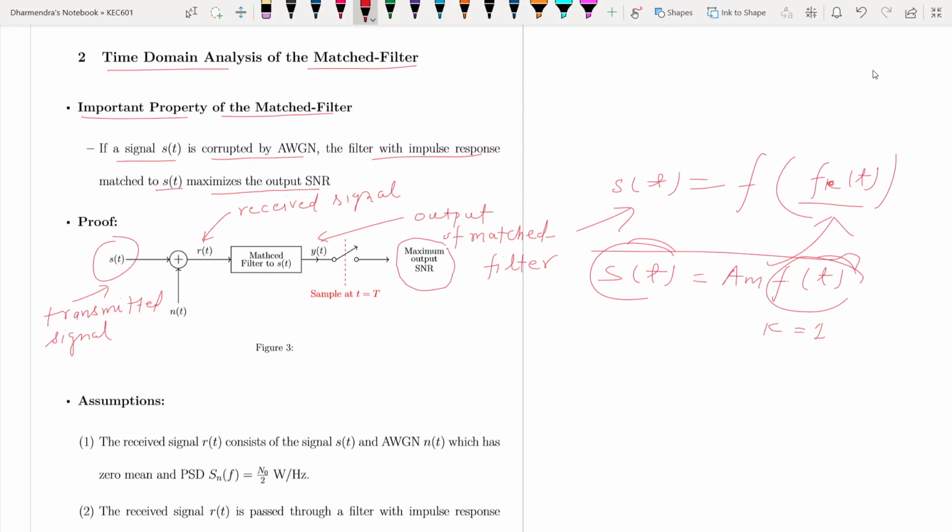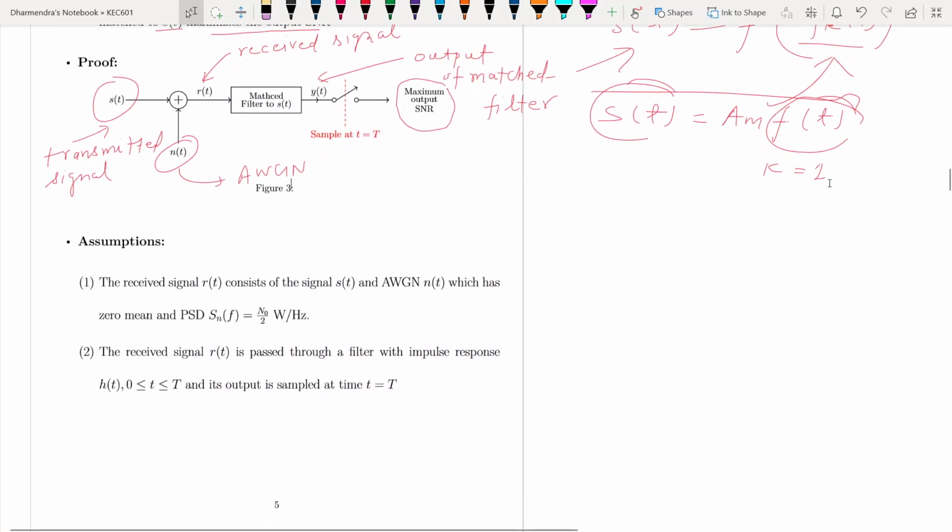Then we sample. We want to see the maximum output SNR if s of t is corrupted by AWGN, additive white Gaussian noise. So I will make certain assumptions. The received signal r of t consists of signal x of t and n of t, which has zero mean and PSD N naught by 2 watts per hertz.